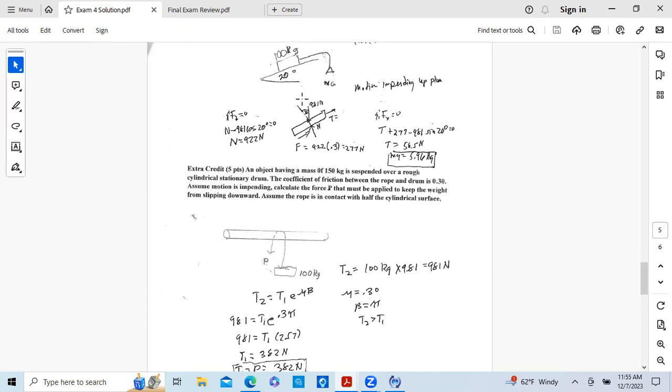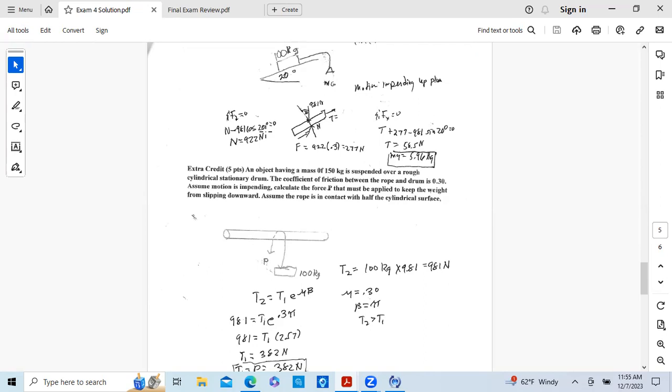So N is going to be acting in this direction, and that's going to be a cosine function. If it's 981, I need this component, which would be equal to N. So this is adjacent to the 20 degrees, so this is a cosine function. N is equal to 981 cosine of 20 degrees.